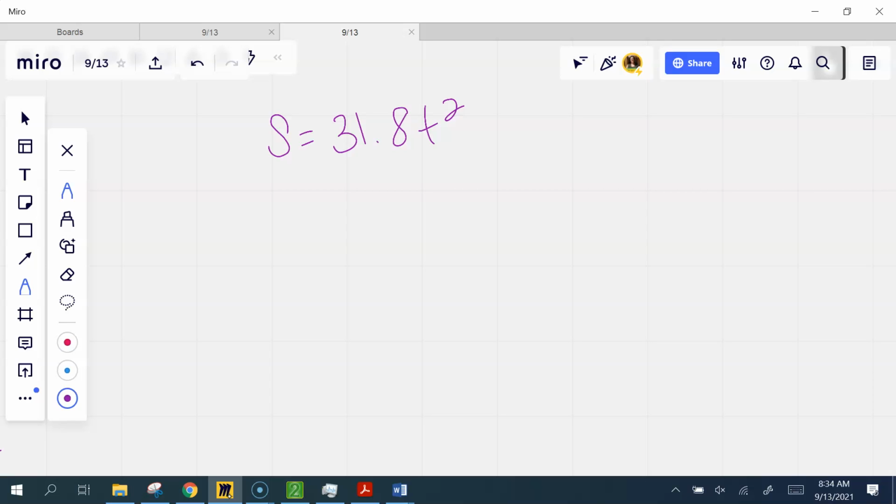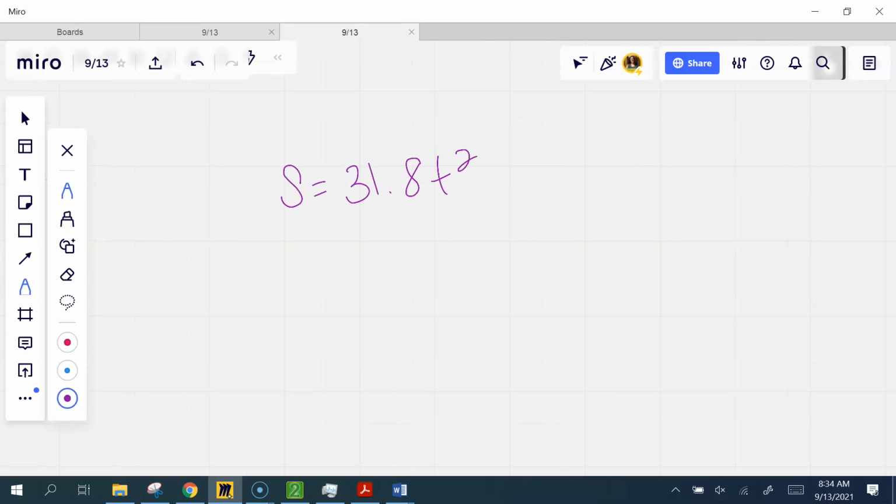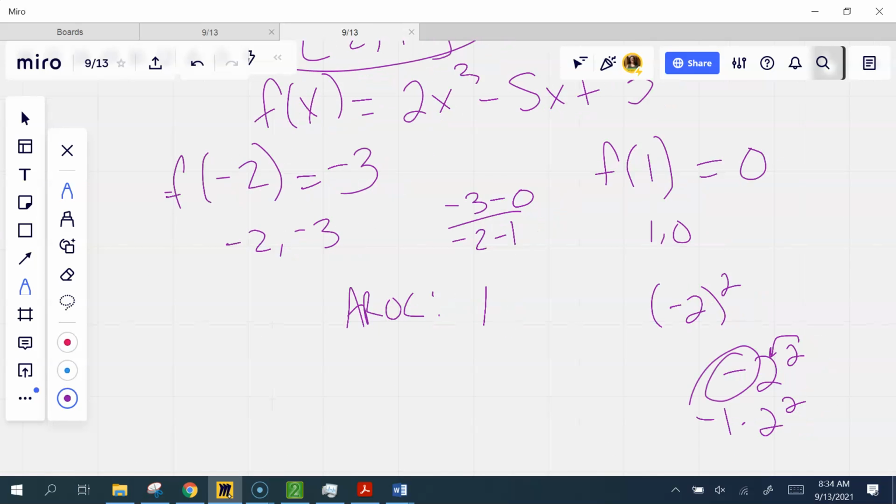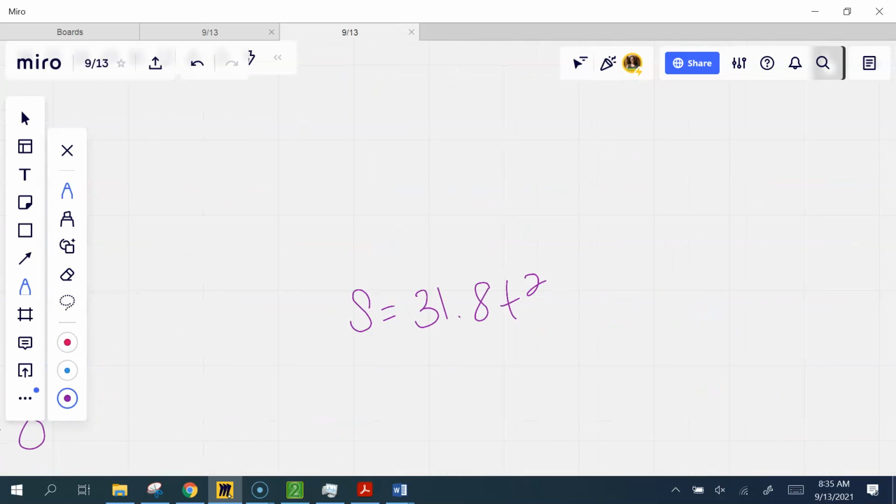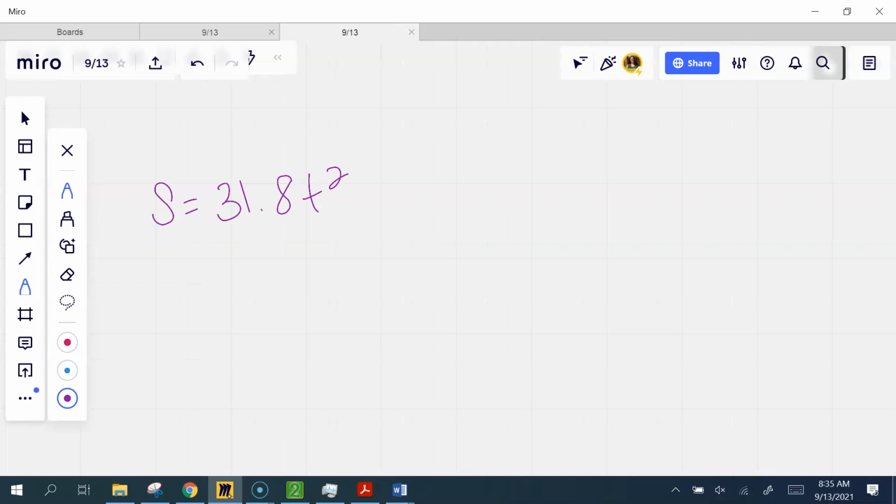Oh, just be careful. All right, non-calculator. Front page, questions. Number 5, oh, the iRock.